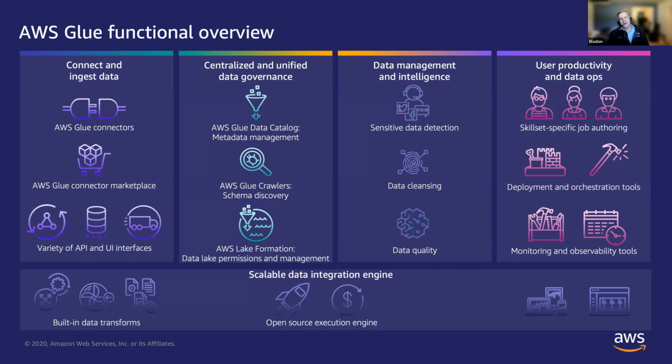The components are across the breadth of the data integration space. You can see here the data processing engines, the ability to connect to data from different sources, cataloging and governance and data management, and then the operational aspects of running an ETL pipeline.